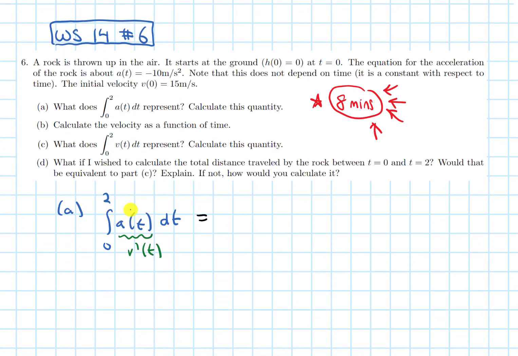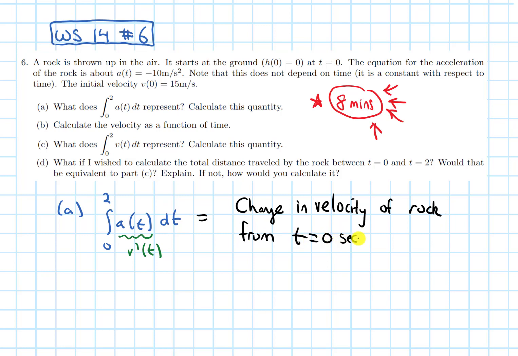In this case, we're taking the integral of the derivative of velocity, so this is the change in velocity of the rock from the starting time, 0 seconds, to the ending time, t equals 2 seconds.